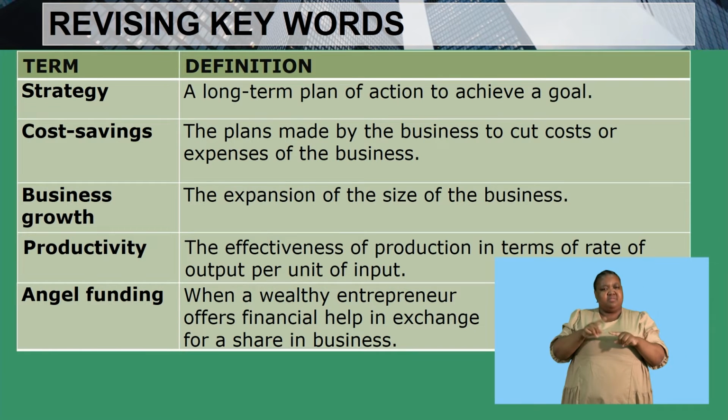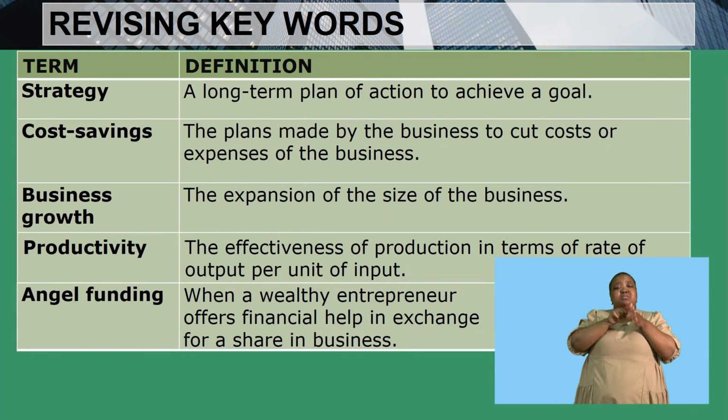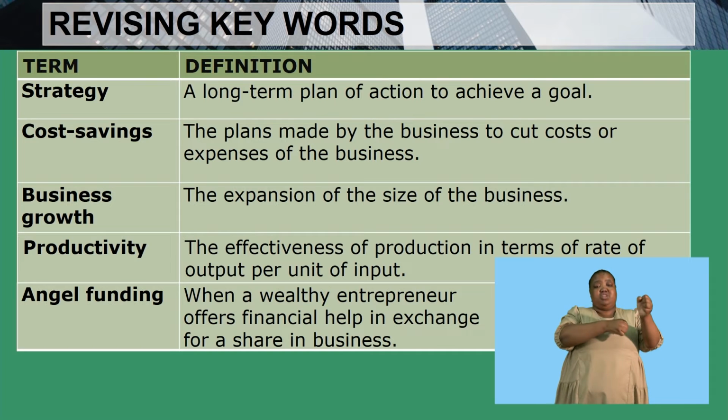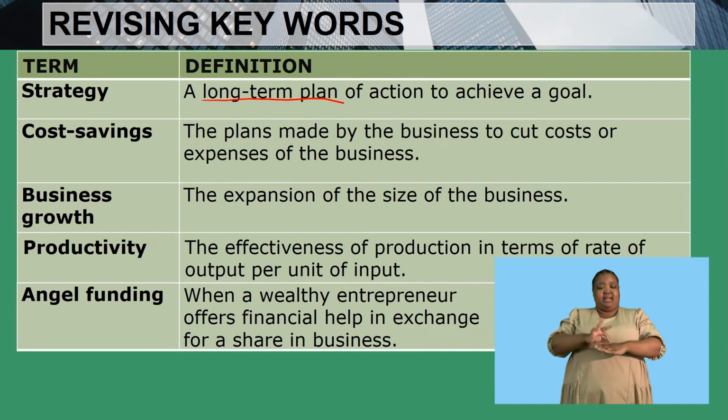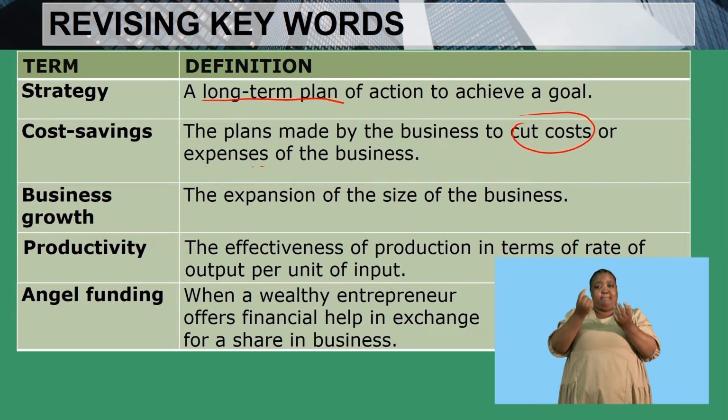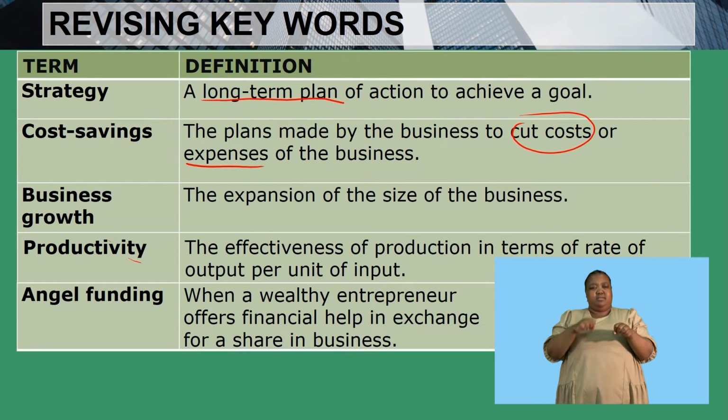Then the revising keywords here is that you will see the word strategy, which is simply a long-term plan of action to achieve a goal. You also have cost savings, which is defined as the plans made by the business to cut costs or expenses of the business. You then have business growth, which is simply defined as the expansion of the size of the business.